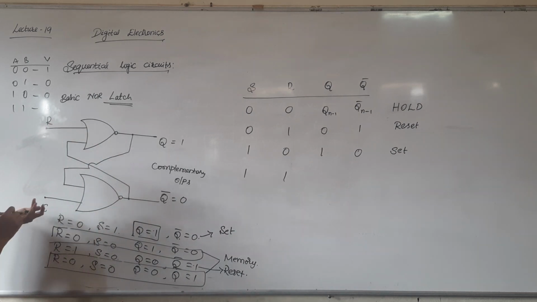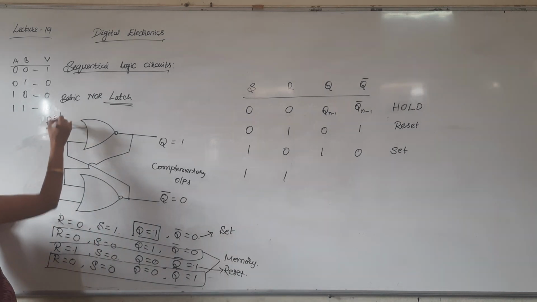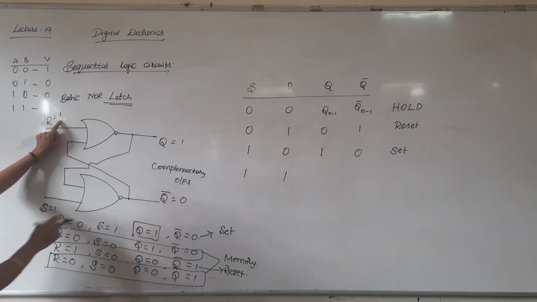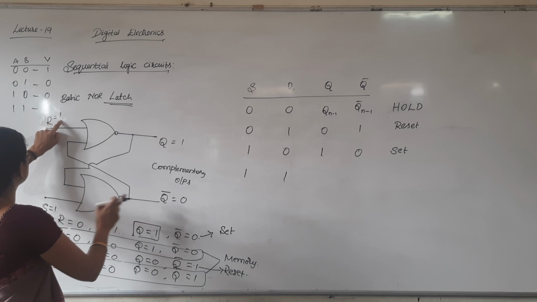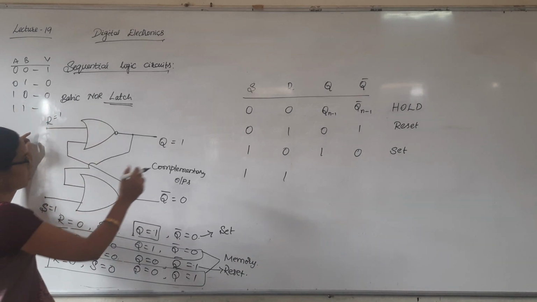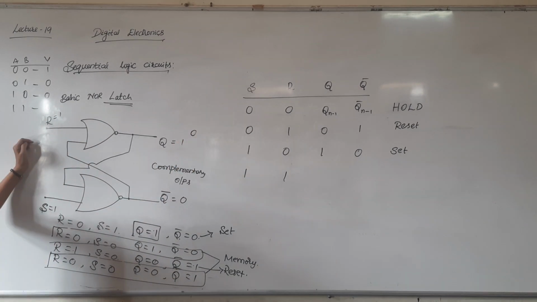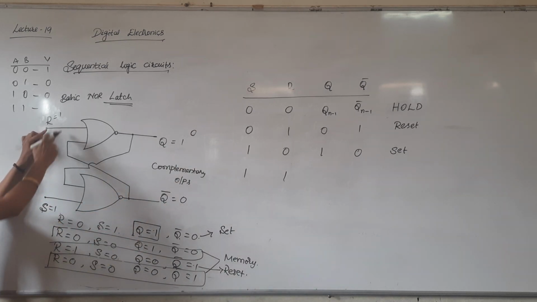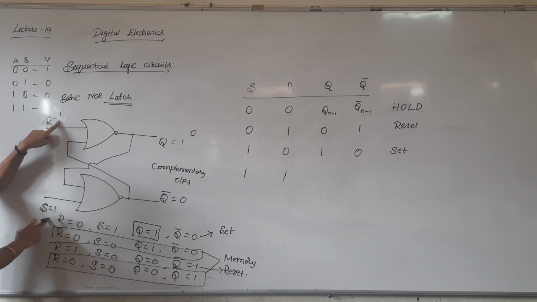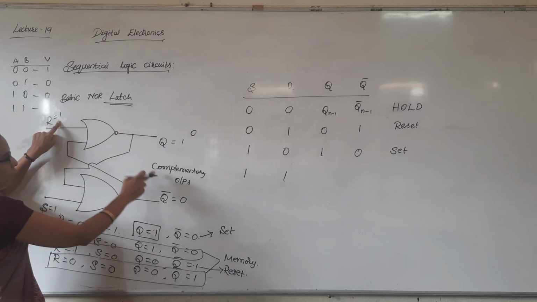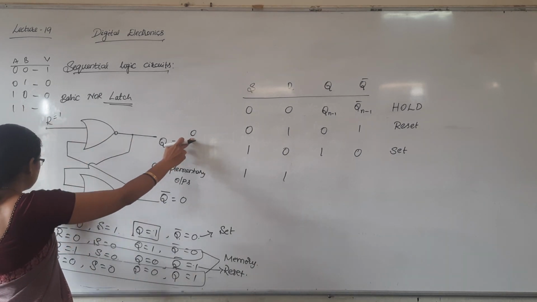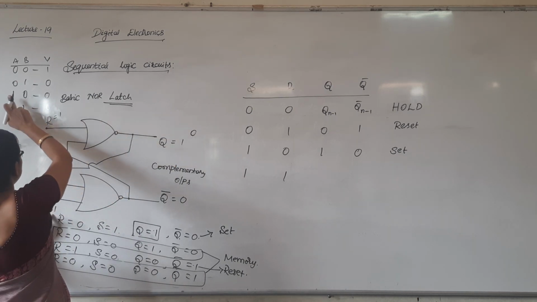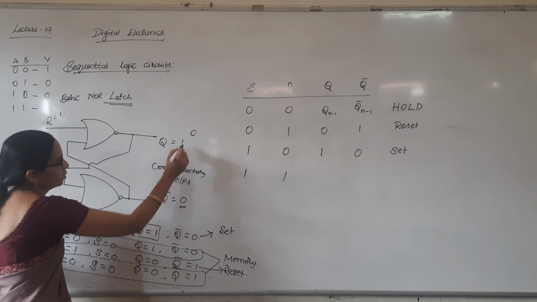When R is equal to 1 and S is equal to 1, I will take 1 and 0, which leads to 0, and this 0 and 1 leads to again 0 only.